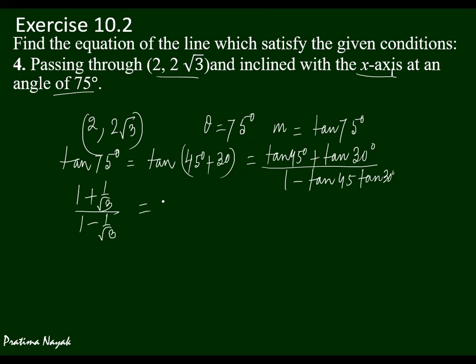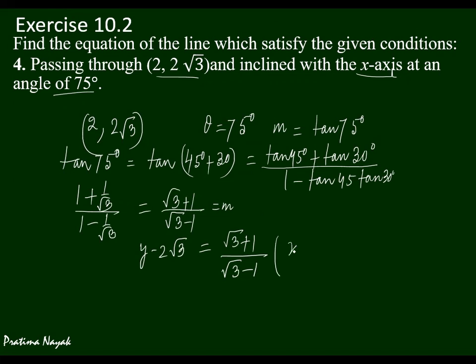So the answer is (root 3 plus 1) by (root 3 minus 1). This is your slope. So what is the equation? Equation will be y minus 2 root 3 is equal to (root 3 plus 1) by (root 3 minus 1), that is m, into x minus 2.